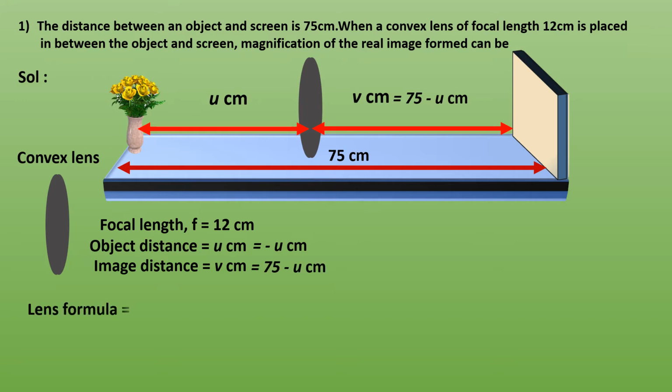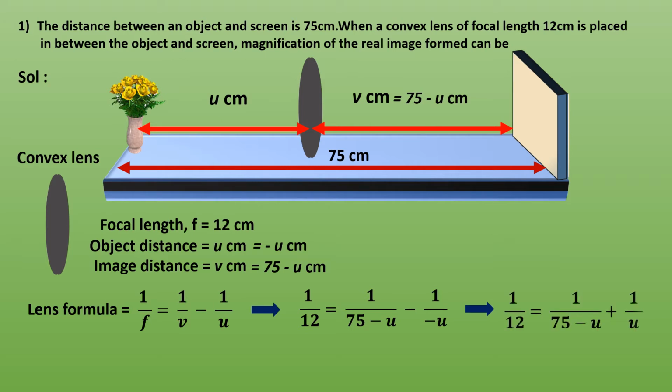Now by using the formula 1 by f is equal to 1 by v minus 1 by u, and if we substitute the value of focal length, image distance and object distance in the above formula, we get 1 by 12 is equal to 1 by 75 minus u minus 1 by minus u, that gives 1 by 12 is equal to 1 by 75 minus u plus 1 by u.